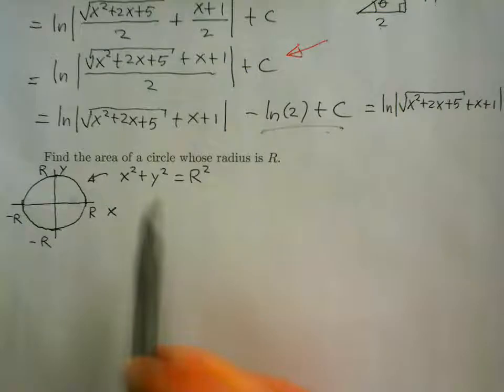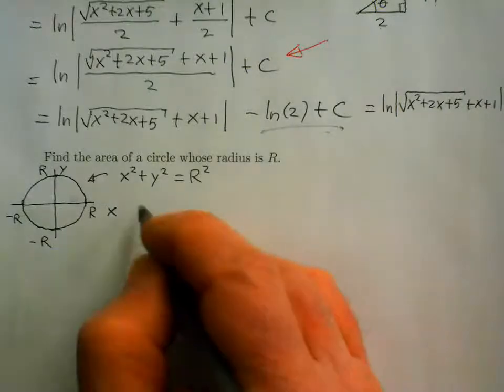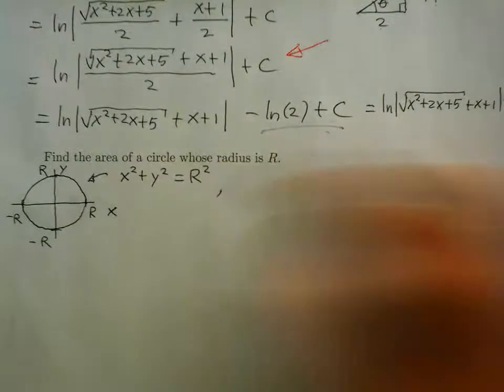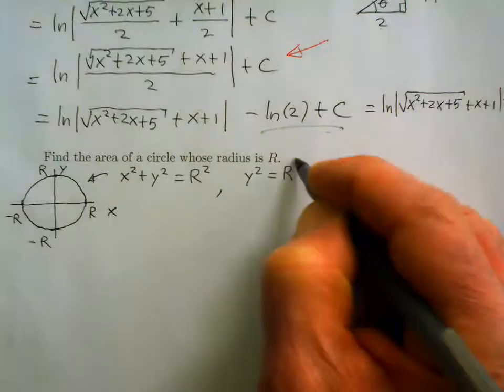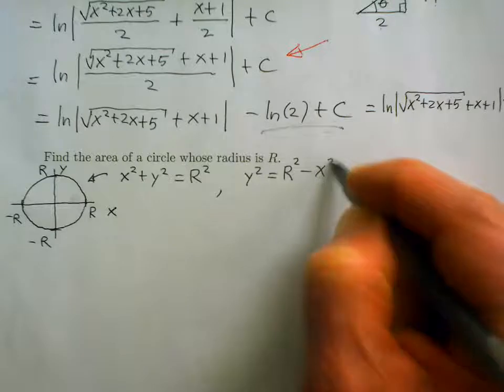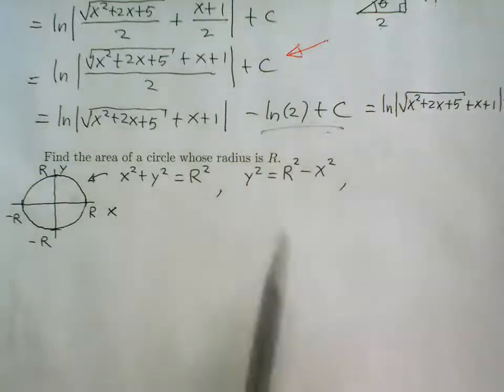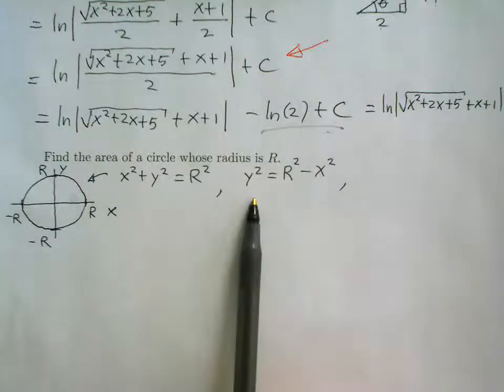If we solve this equation for y, first we'll subtract x squared from both sides. So y squared equals capital R squared minus x squared. And y has two solutions.